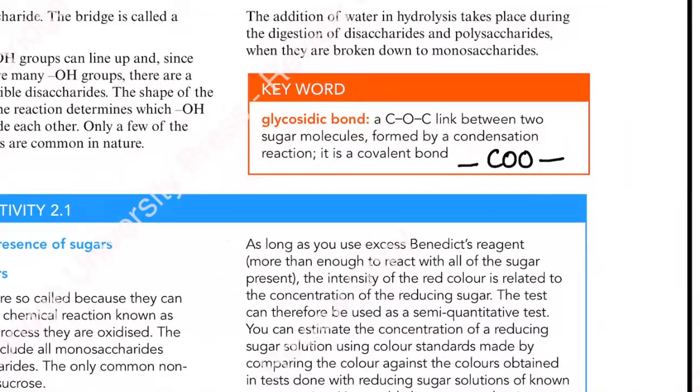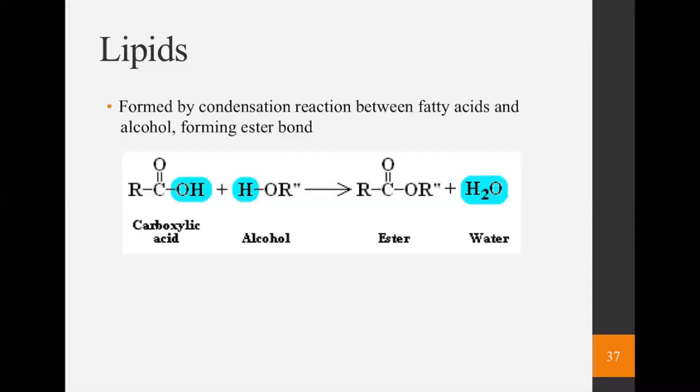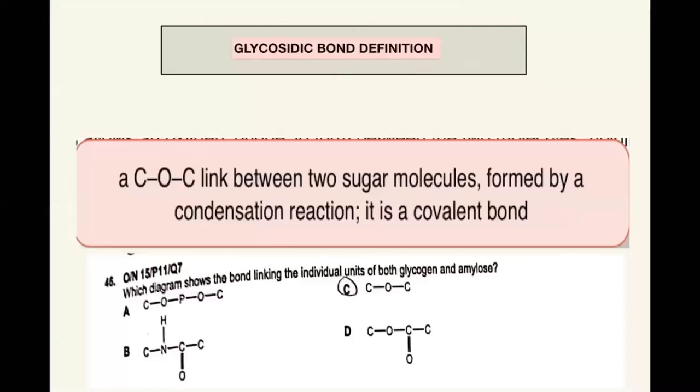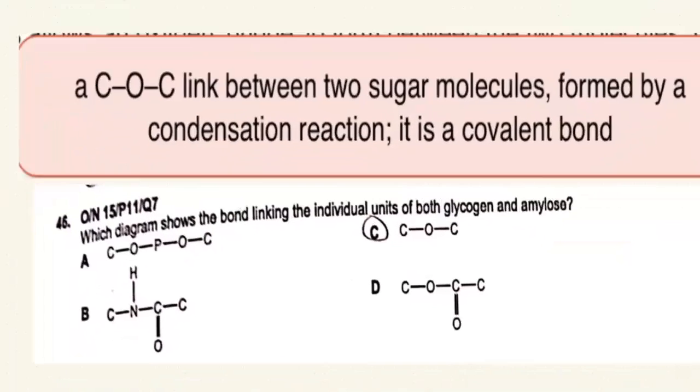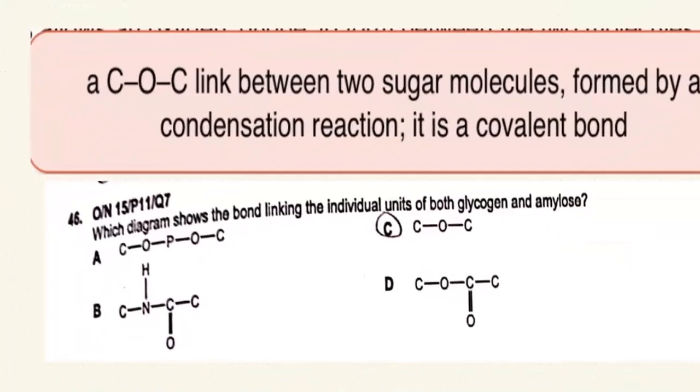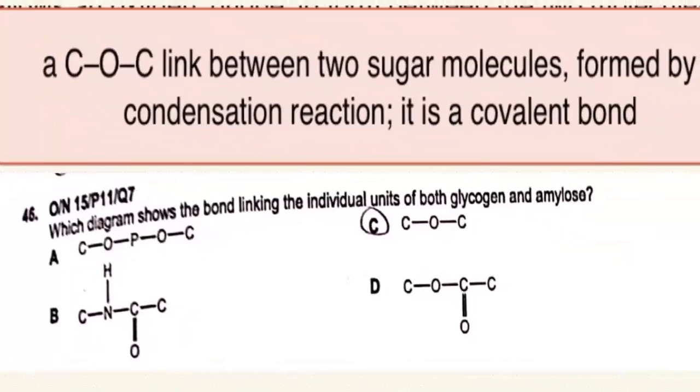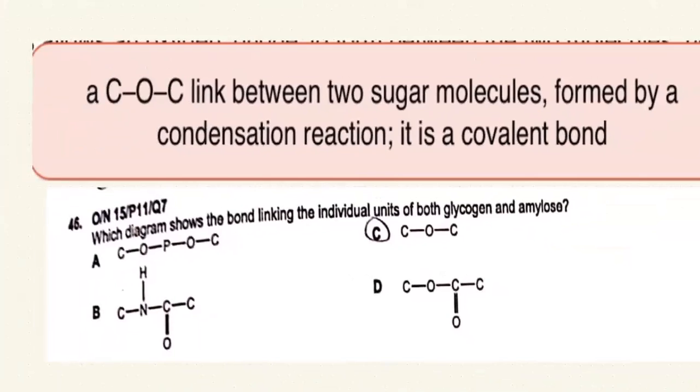And let me ask you the question today. याद है मैं ये पूछना चाह रही थी. So in that case, what's the correct answer? Which diagram shows the bond linking the individual units of both glycogen and amylose? Yes, ma'am. So it's option C for this. Now you understand why it's COC? Yes, ma'am. This is a glycosidic bond.